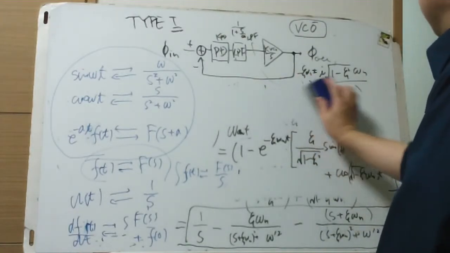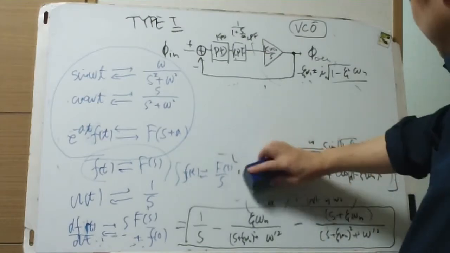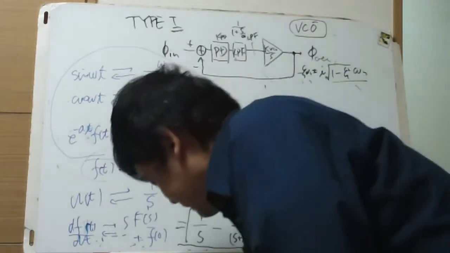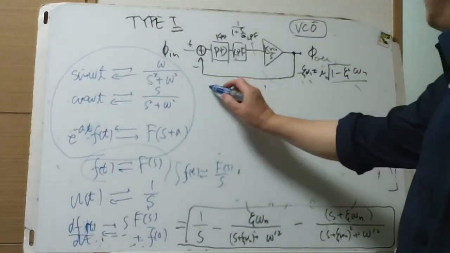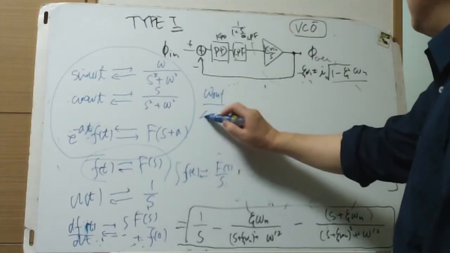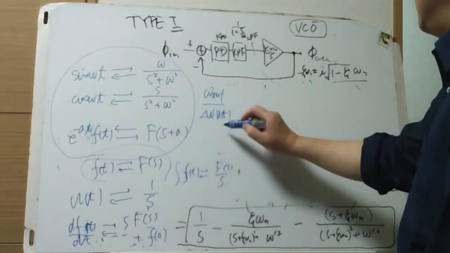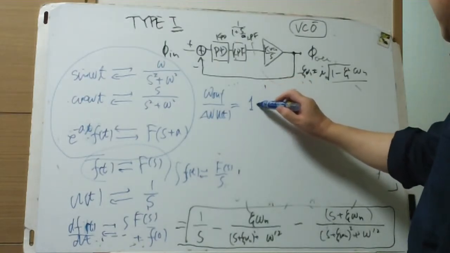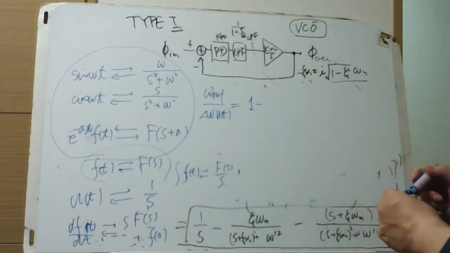We can write the inverse transfer function of this bottom equation. So the output over the unit function of t equals 1 minus that.